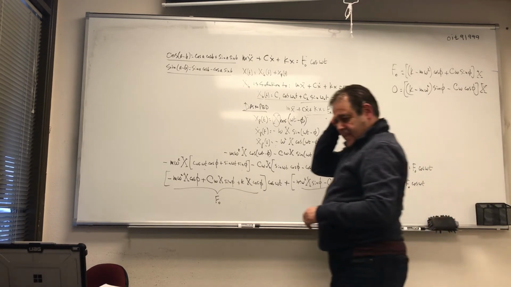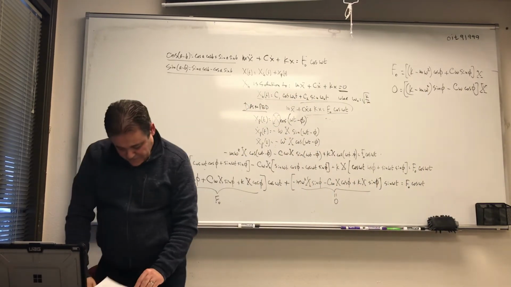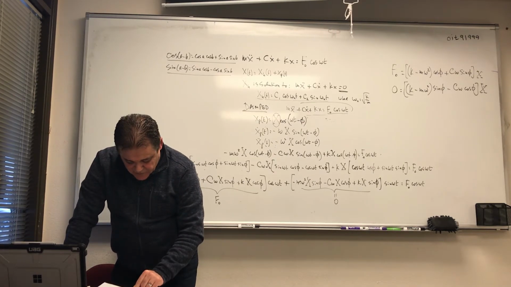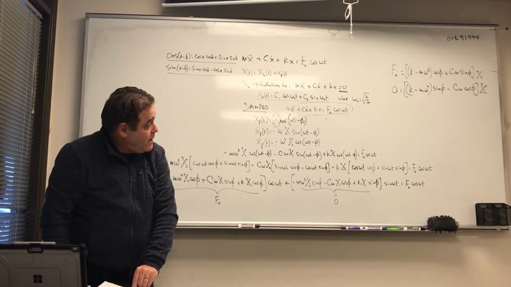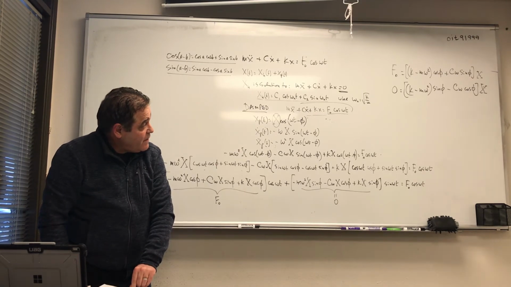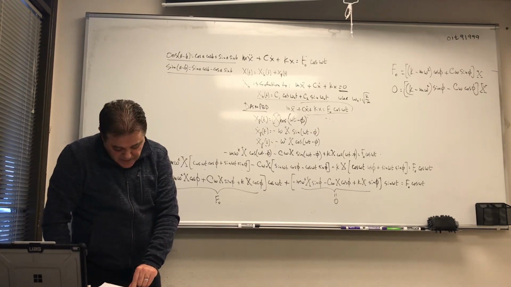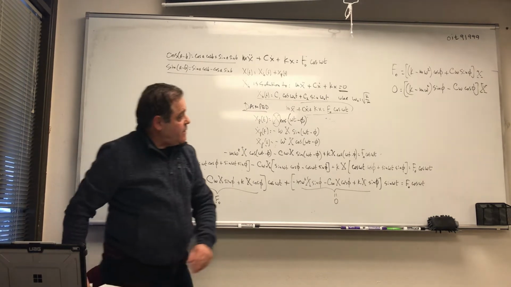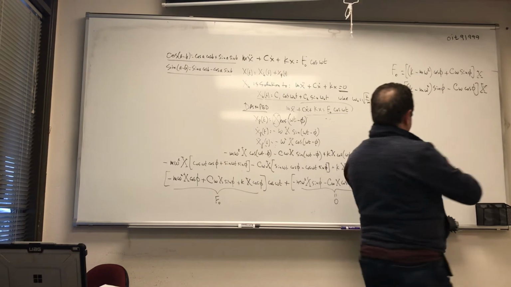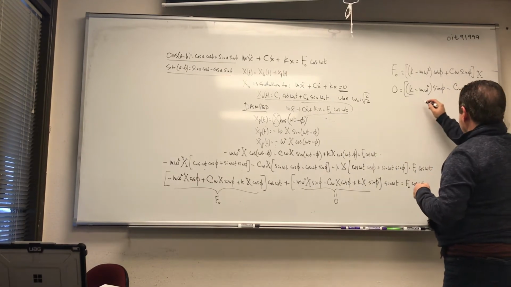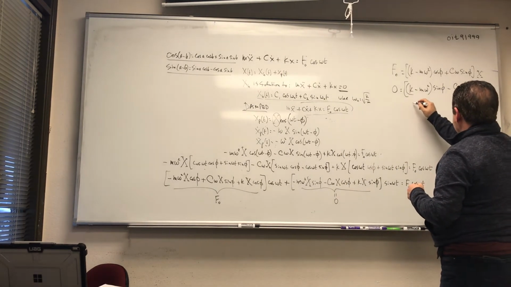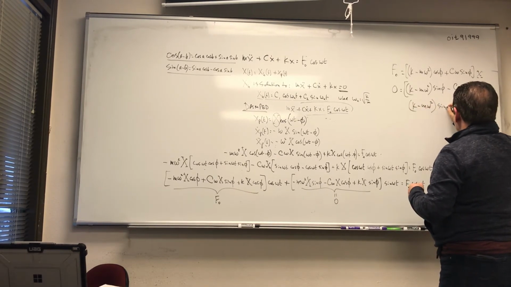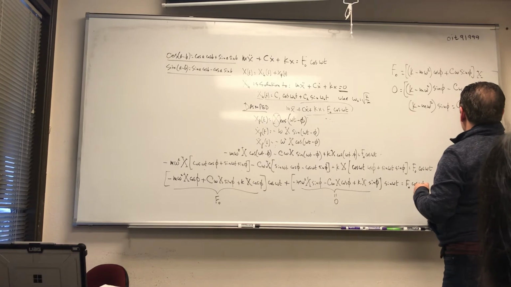So it's f0 times (k minus m omega squared) cosine phi plus that sine phi. For this one, if I said this is equal to 0, what does this mean? That means that (k minus m omega squared) sine phi is equal to c omega cosine phi.